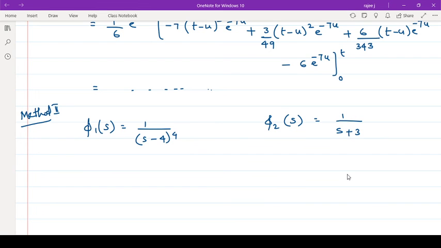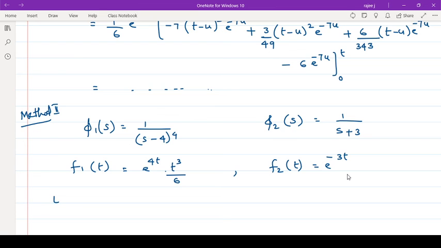So correspondingly f1 of t will be what, L inverse of this one, means what you will get is e raised to 4t into t cube upon 6, and f2 of t will be e raised to minus 3t. Okay.